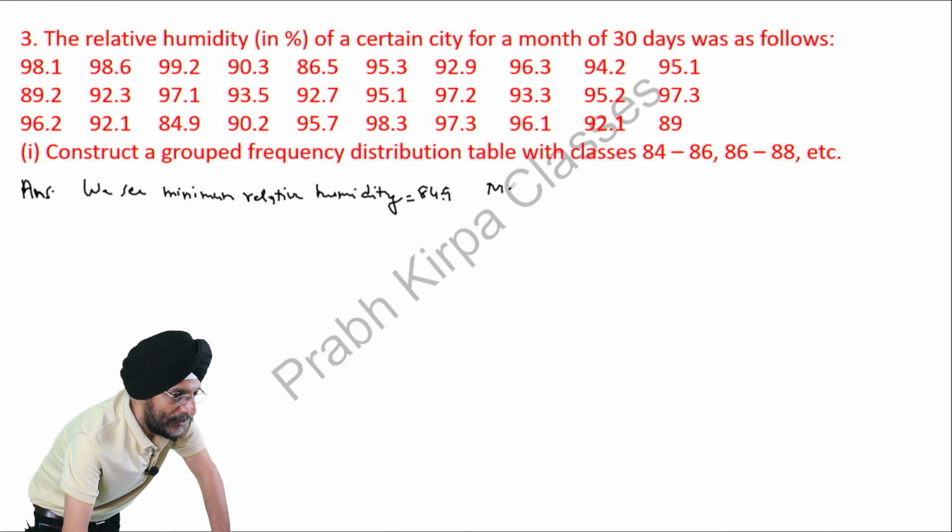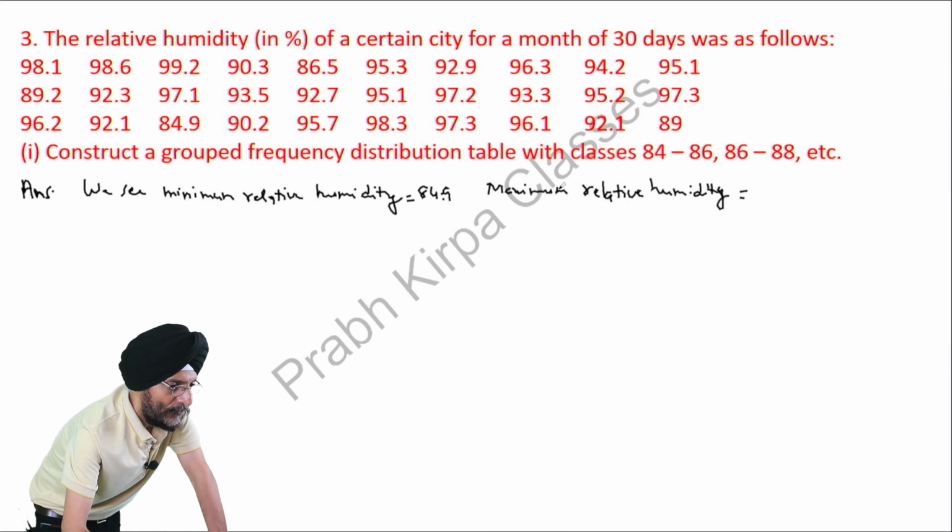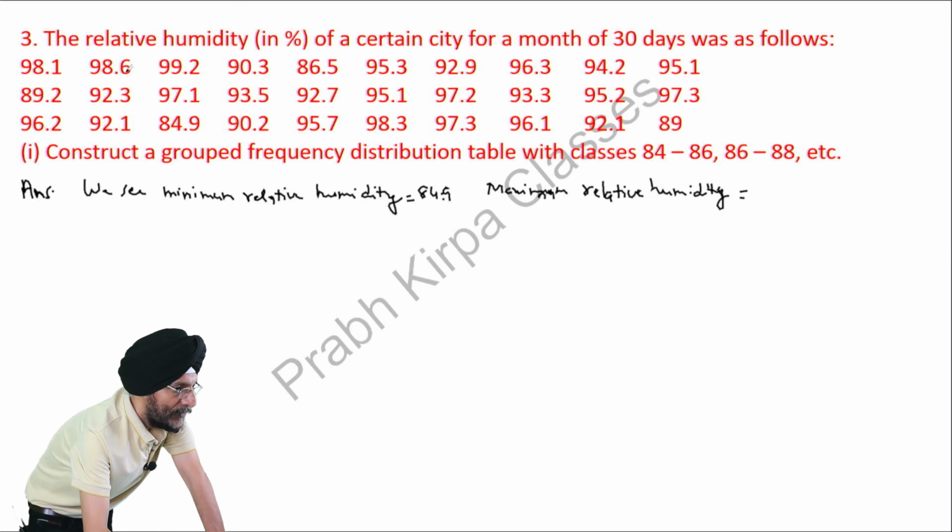Now we will find out the maximum relative humidity. What is the maximum? We will find out. 98.6, 99.2.